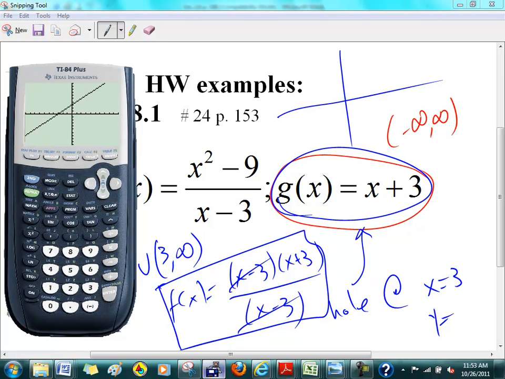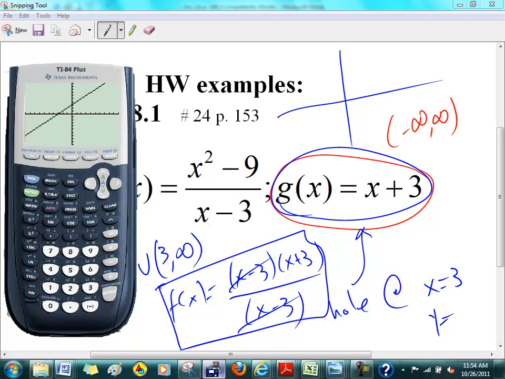It's going to be a 3. Does it make sense why it'd be 3, 6? Because your equation actually turns out to be like this, doesn't it? After you simplify.